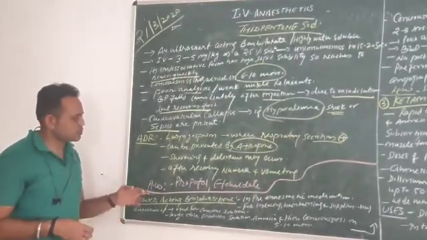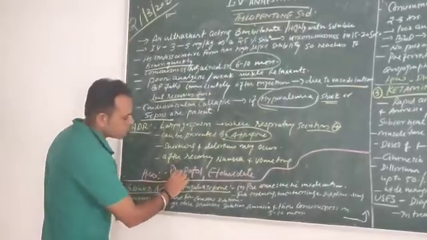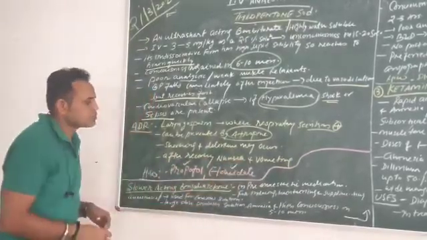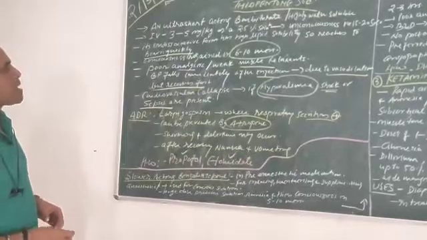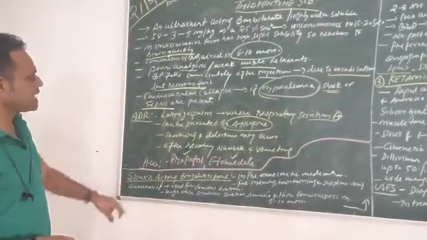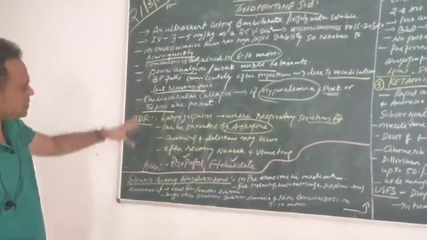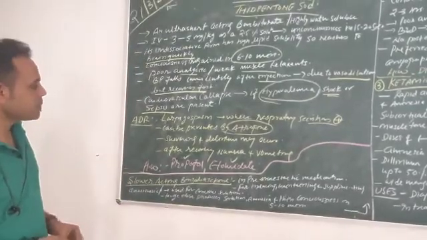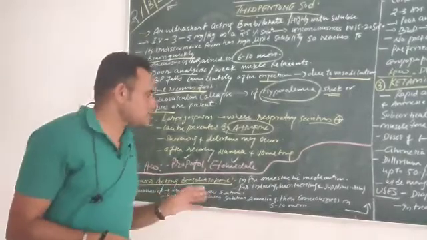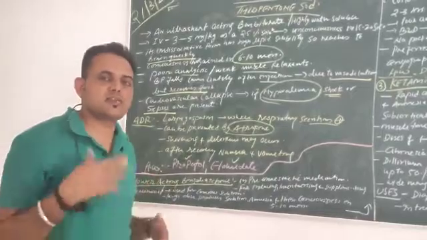Here is one homework: you have to study the two other drugs of this category, propofol and etomidate. Now the next class of drugs is the slower acting benzodiazepines. Here it was an ultra short acting, but here it is a slower acting benzodiazepine. Usually this drug is used in pre-anesthetic medication, which means before giving the anesthesia.